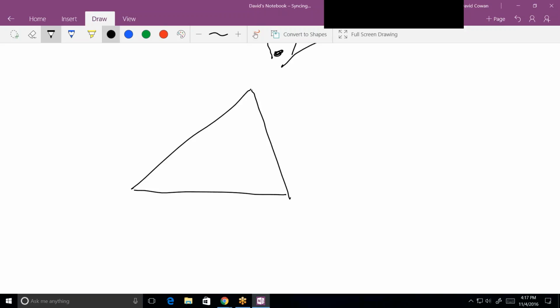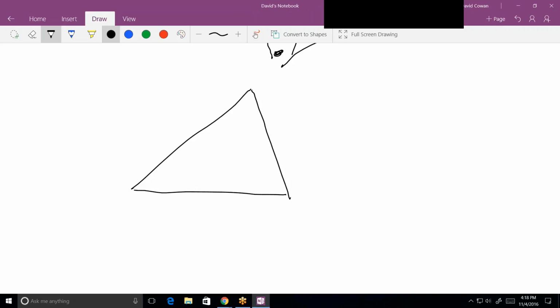Now, to get the centroid, you do a combination of the first two. Notice that the first one was bisecting a side and drawing a perpendicular, and the second one was bisecting a vertex angle and just drawing it.